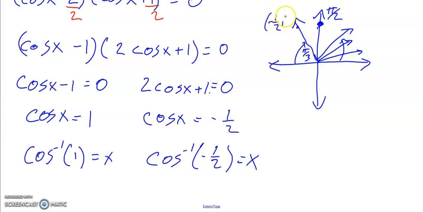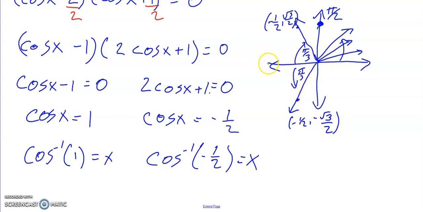There's my cosine. Radical 3 over 2. Not only do I happen up in quadrant number 2, it also happens again down here in quadrant number 3 at negative 1/2. There's what I'm looking for, and negative radical 3 over 2. And again, there's my reference angle of pi over 3.